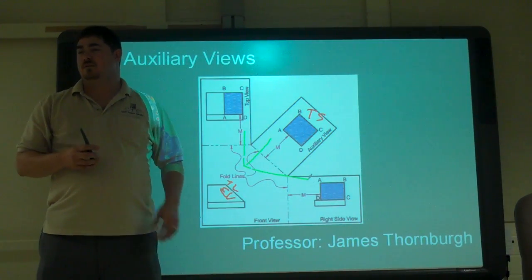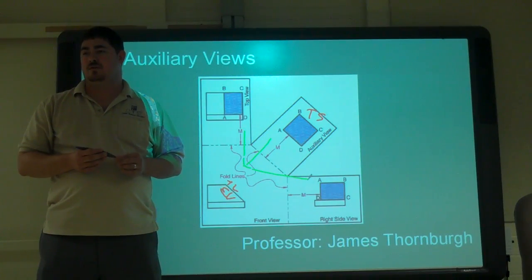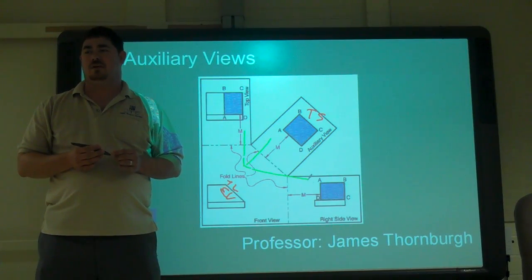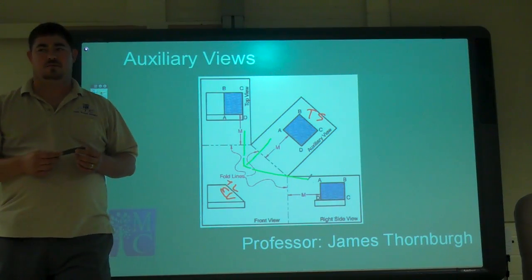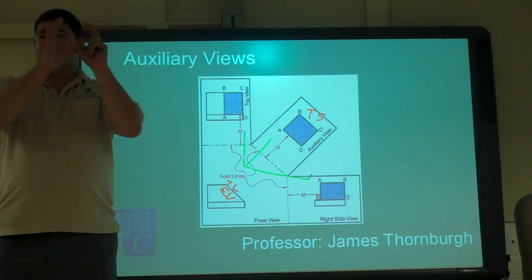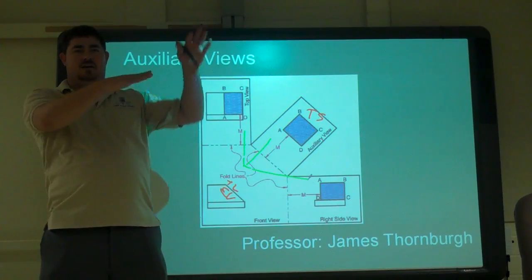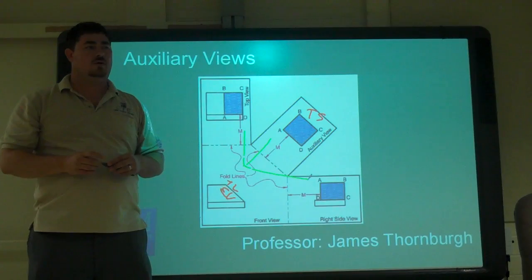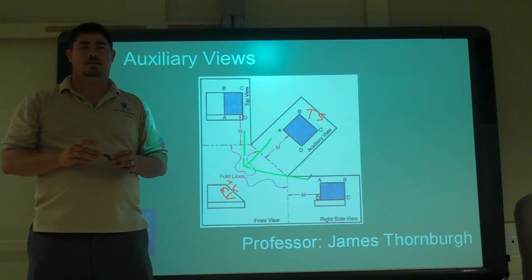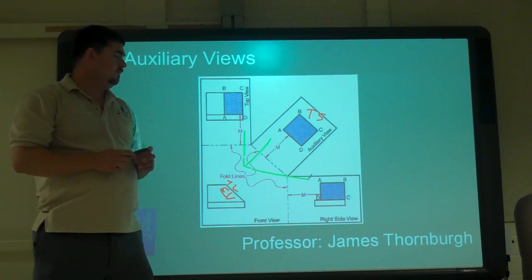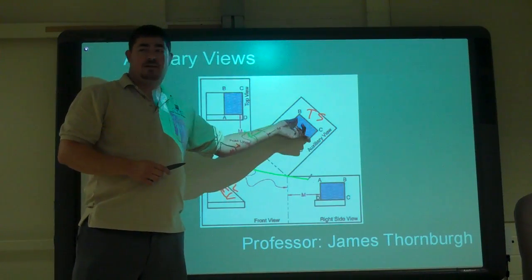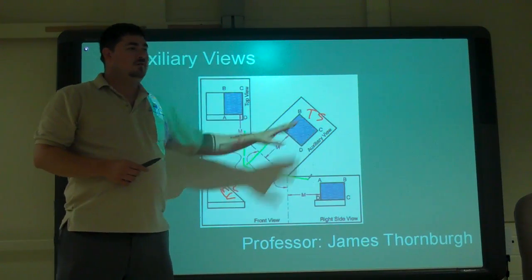Or like last week, we had that shape with an angle, and you couldn't see the angle from any of the 3 sides. So you need the diagonal to see the difference. So if you want to see what the profile is, if something's on an angle, it's bent up. What else? Anything else? Yeah, if you want to be able to measure everything on that view, then it'd be a good one.